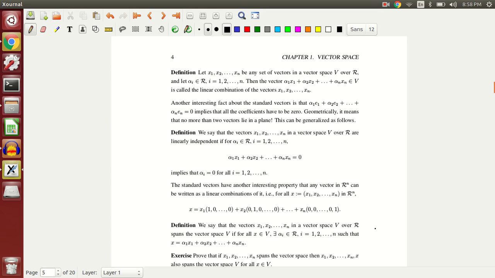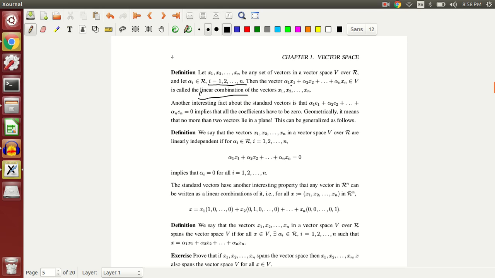So one of the definitions is the definition of linear combination. There is a reason this needs to be highlighted. What exactly is a linear combination? Assume that x1, x2, ..., xn is a set of vectors in a vector space V over R. Let alpha i, a scalar number, with i going from 1 to n.